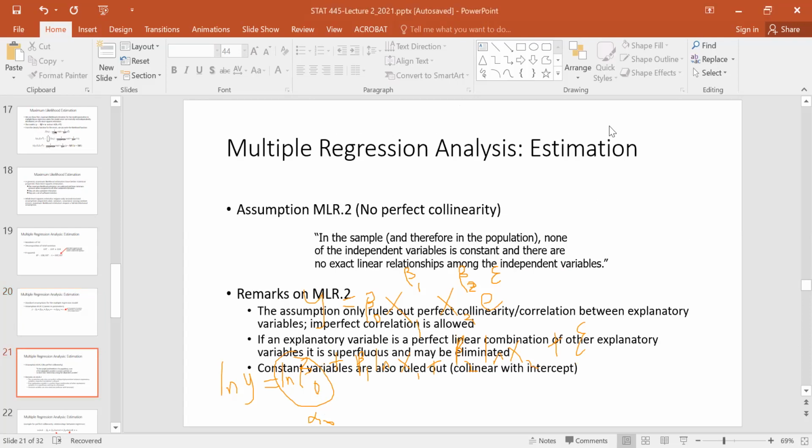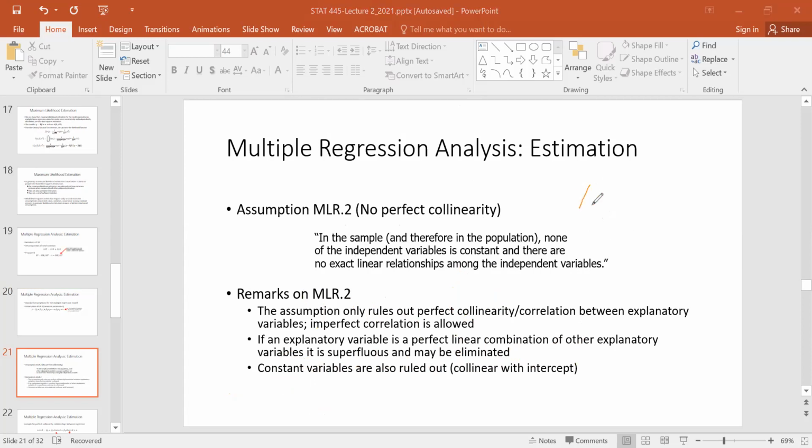Our second assumption is no perfect collinearity. In other words, in the sample and also in the population for that matter, none of the independent variables is a constant, and there are no exact linear relationships among the independent variables.